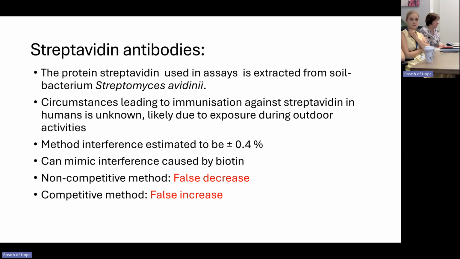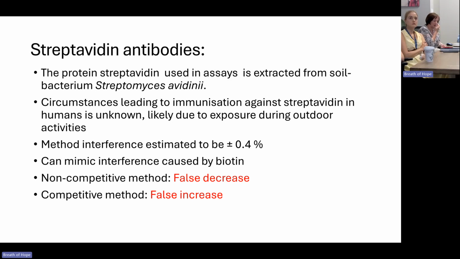Streptavidin antibodies are not so common, in the region of 0.4%. And the protein streptavidin used in assays is extracted from a soil bacterium, Streptomyces avidinii. It's not really known how the immunization occurs. It's likely due to exposure during outdoor activities. It can mimic the interference caused by biotin.